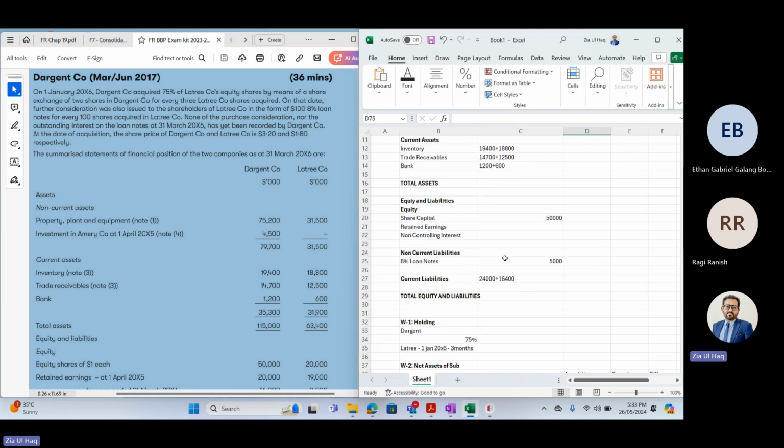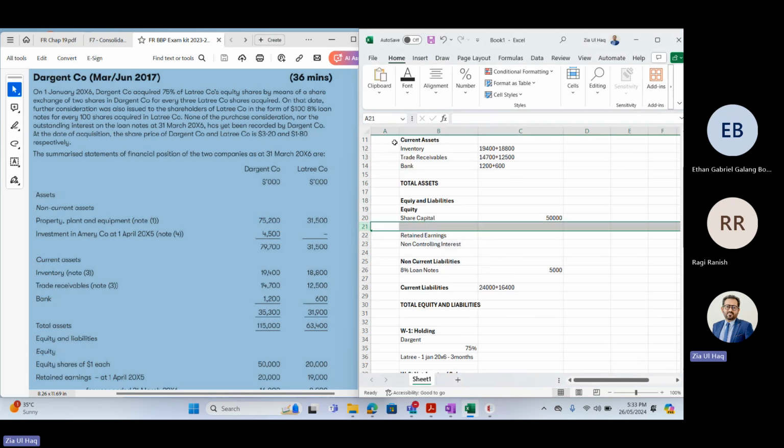If we move towards consolidated financial statements, is there any option for share premium? No, we need to add here. So right click, insert. So we can add here share premium. That is 22,000.